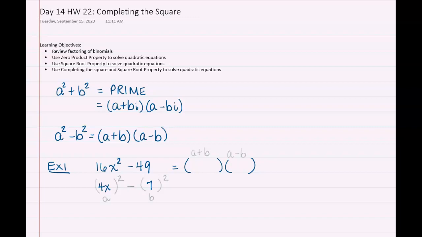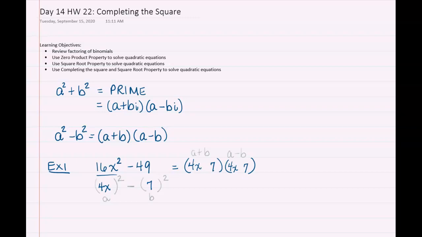So if we do our factors, we're going to have 4x and 4x, which makes sense because when we're multiplying 4x times 4x, we're going to get our 16x squared. And our b is going to be 7. That makes sense as well, because if we multiply 7 times 7, we're going to get our 49.